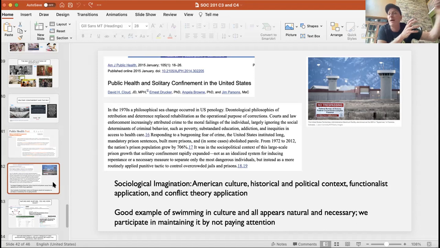I could even bring in hegemony here, thinking about that Americans may support solitary confinement, but that idea of supporting solitary confinement for Gramsci is reinforcing ruling class interests. The question is how?